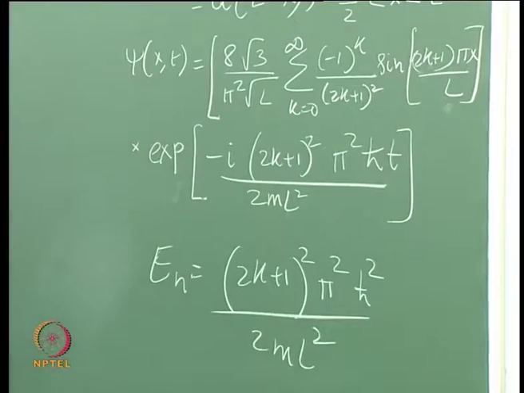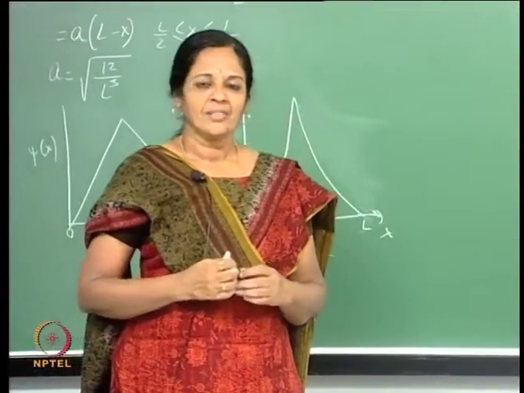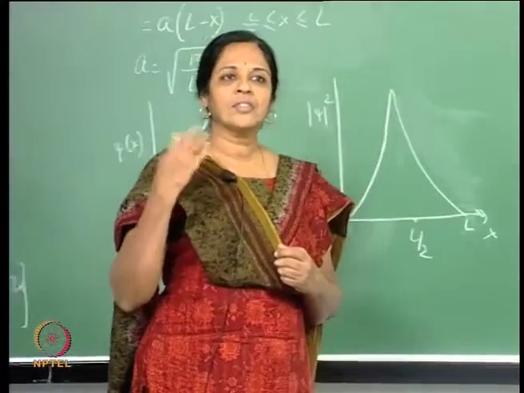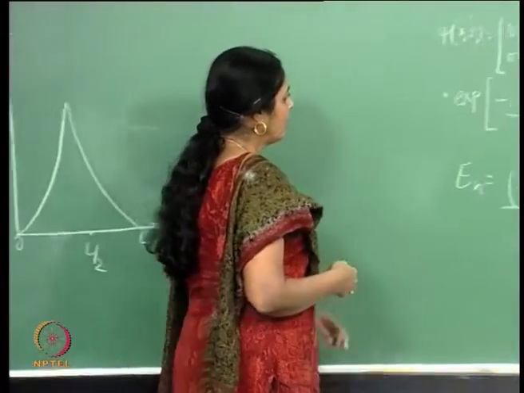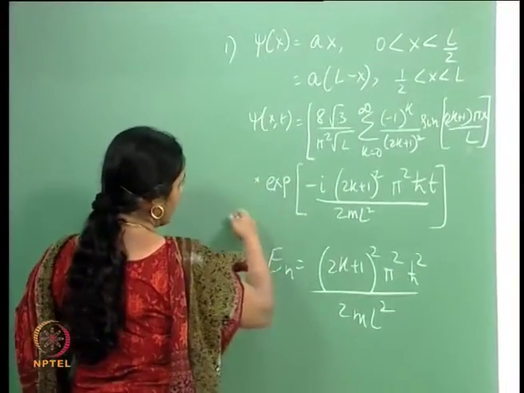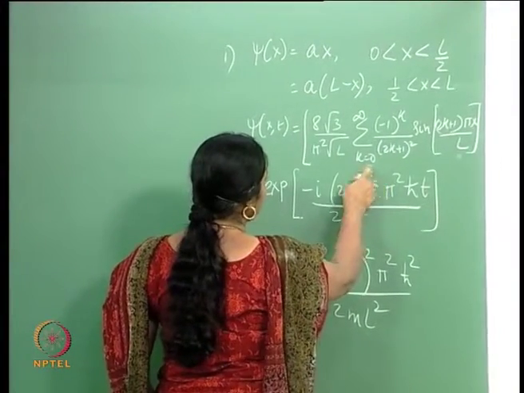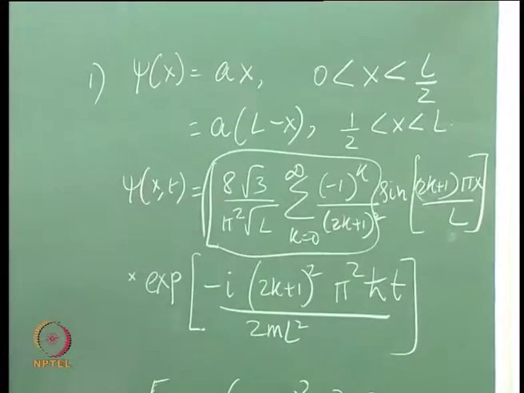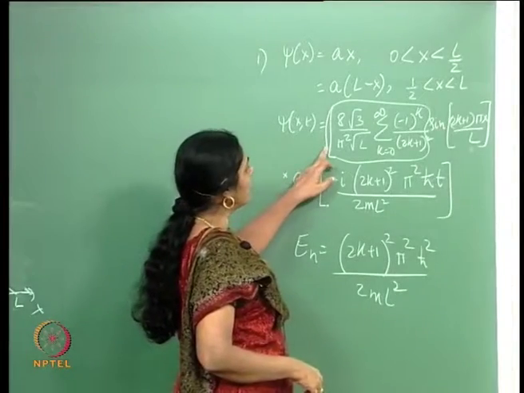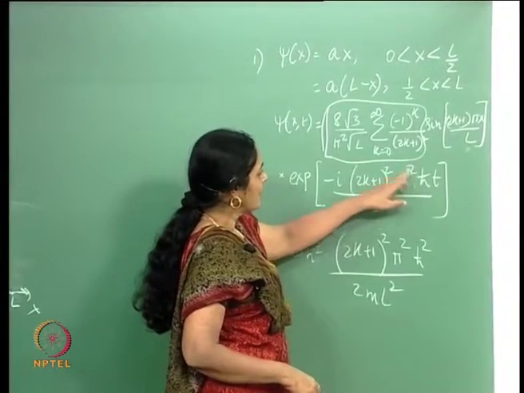Once you do this, you can ask, what is the probability that psi of x t is one of the phi n's? Now, if you looked at that, essentially you will have to look at the Cn's. Look at this factor here. The probability, of course, this exponential is not going to make a contribution.